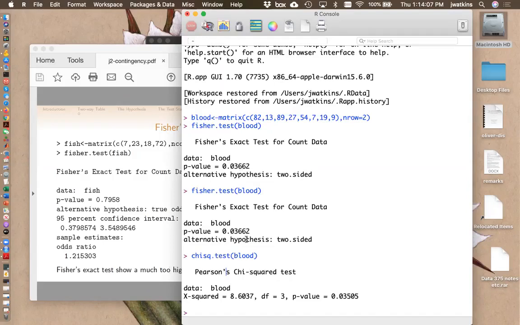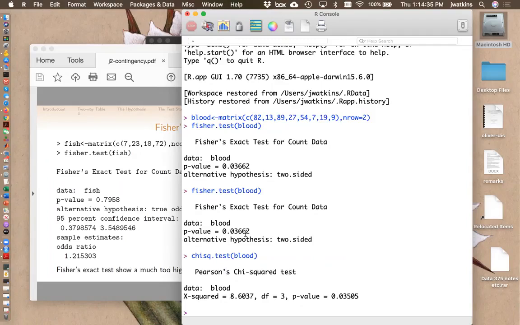Oh, I know why I did it more than once. If you don't say anything, and the cells are too big, it will automatically pick a randomization procedure in order to compute the p-value. And if you use a randomization procedure to get the p-value, then you won't get the same answer from one time to the next because of the randomization.